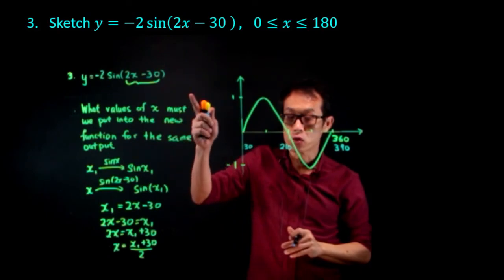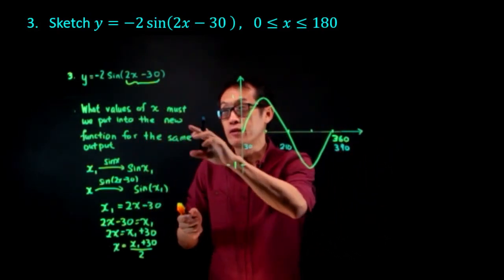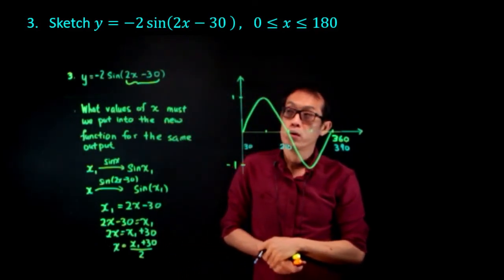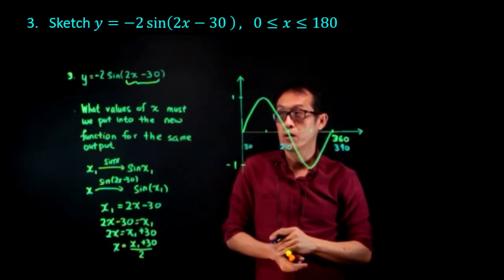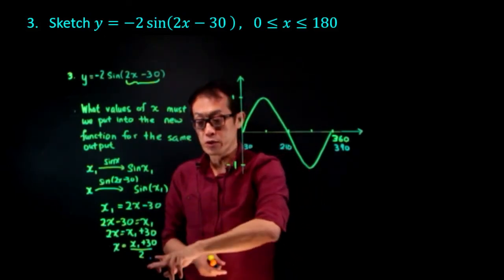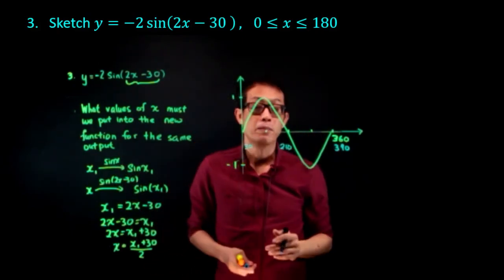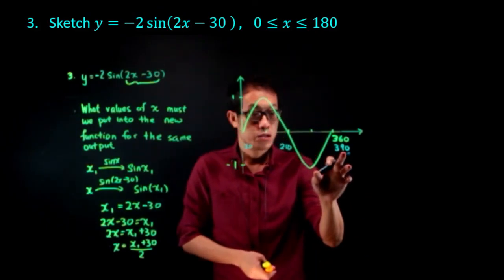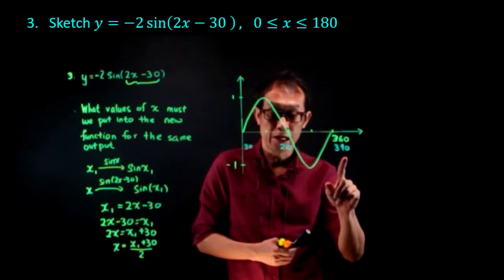Now let's do the 2. What will happen to the graph if the x is multiplied by 2? Now you find that it compresses it by a scale factor of 2. It's against intuition. So you look at this, it actually divides by 2. So it actually compresses the graph by a scale factor of 2. So instead of 390, this will become 195.